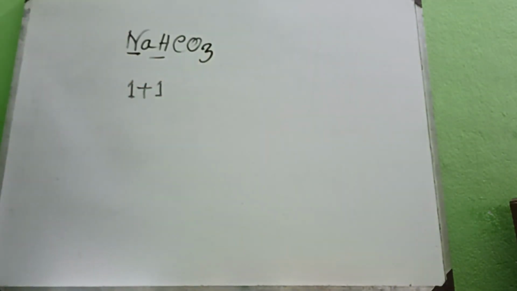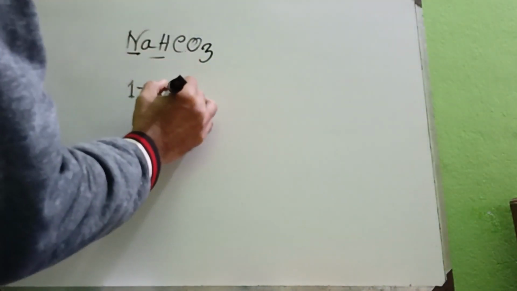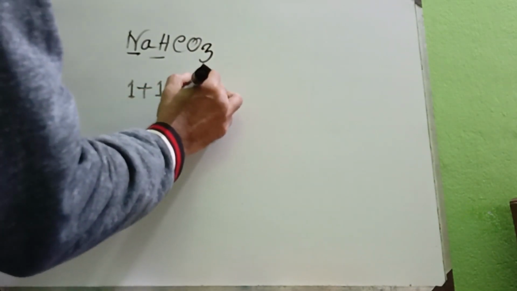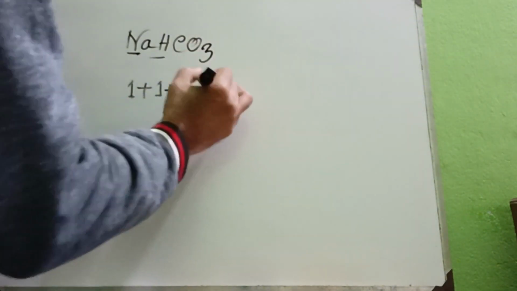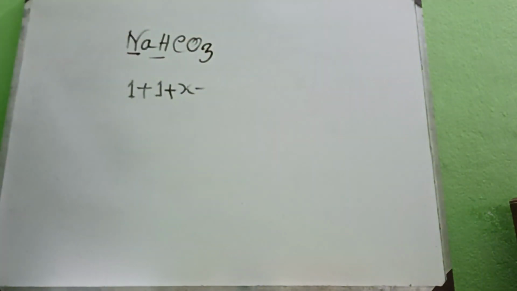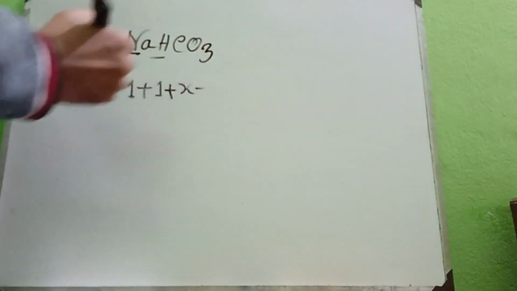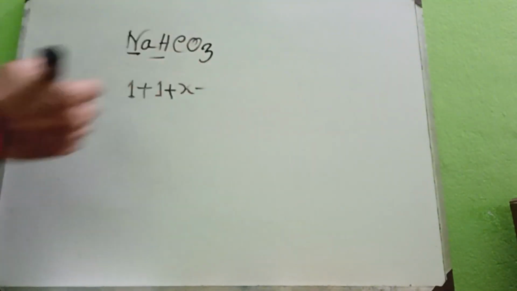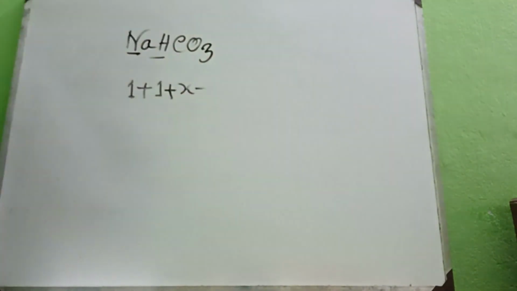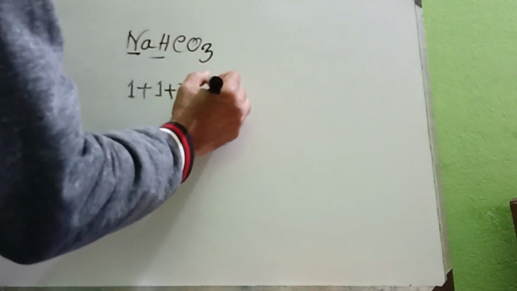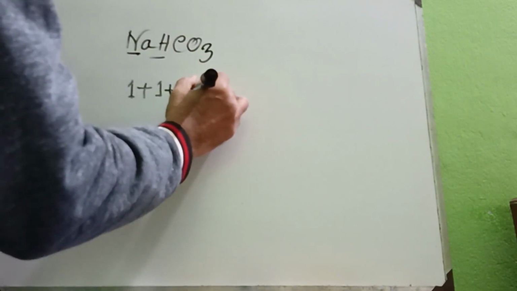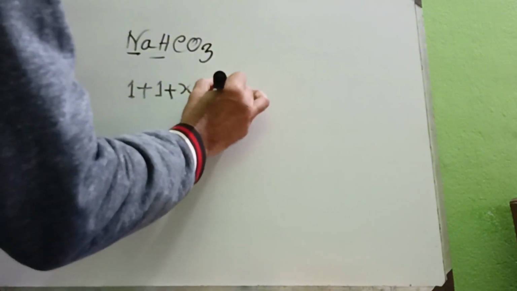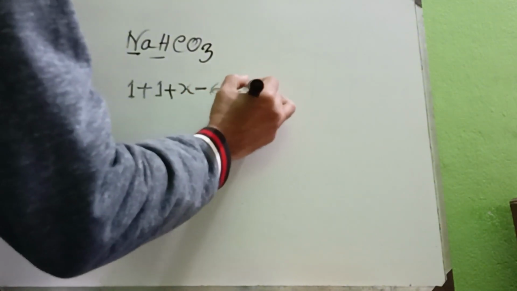Instead of carbon, we write X, and valency of oxygen -2. Valency of oxygen -2. Here the number of oxygen atoms is 3. So valency of oxygen is -2 into 3 equals to -6 equals to 0.